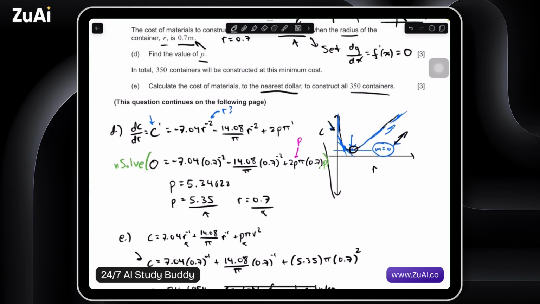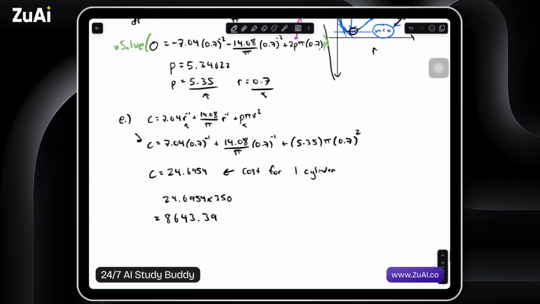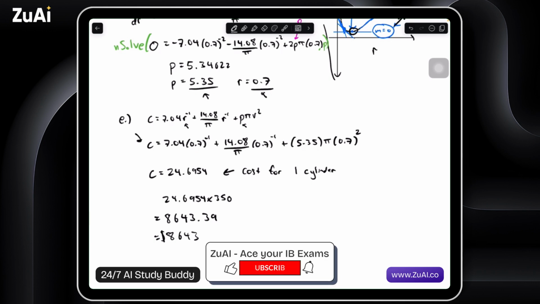Here, once again, it's often not a bad idea to check, especially on paper 2, but in general, especially on financial mathematics questions or when it comes to monetary amounts, nearest dollar. So $8,643. All right, that is how much it would cost for 350 cylinders.